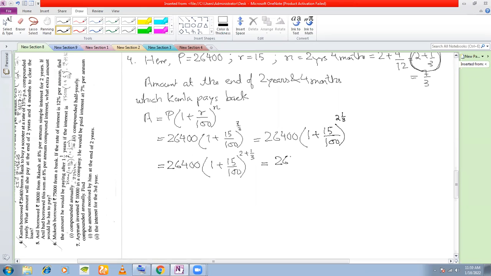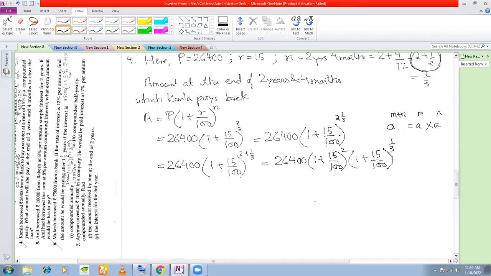Now if you remember the laws of exponents, e to the power of m plus n is equal to e to the power of m into e to the power of n, isn't it? From the laws of indices, the base here is 1 plus 15 by 100, and m here is 2, into again e to the power of n, so to the power of 1/3.